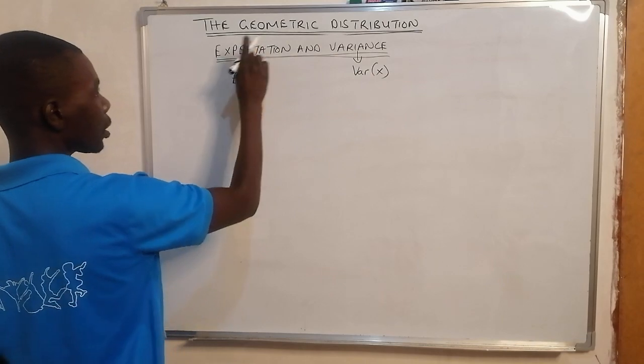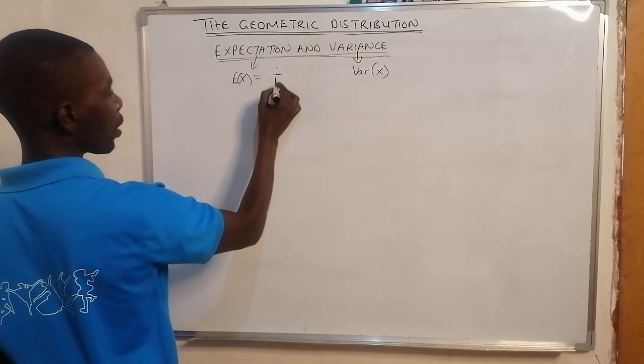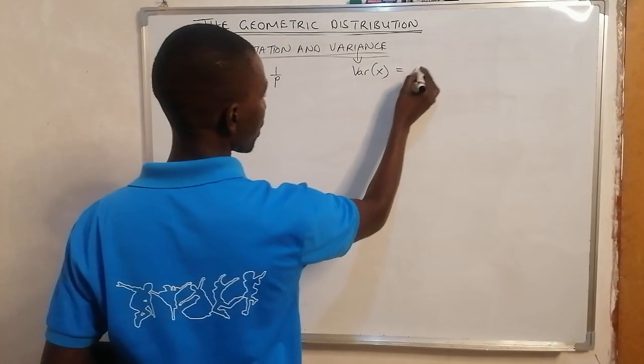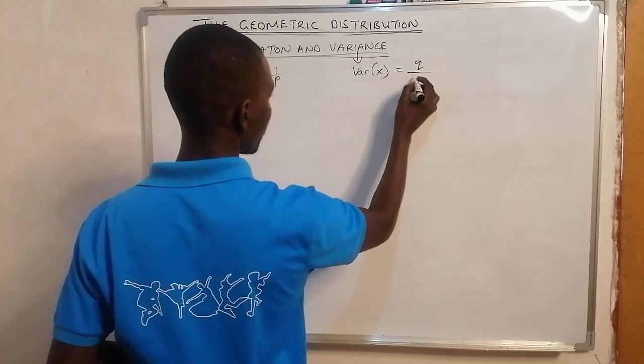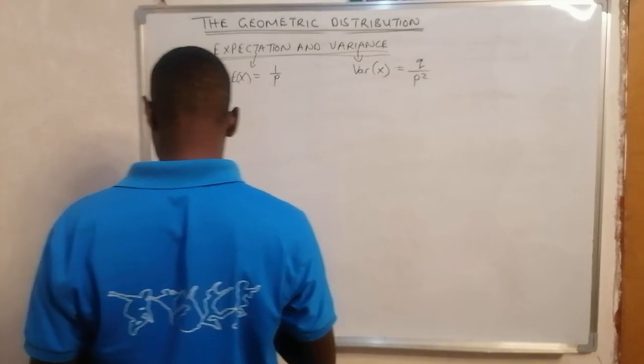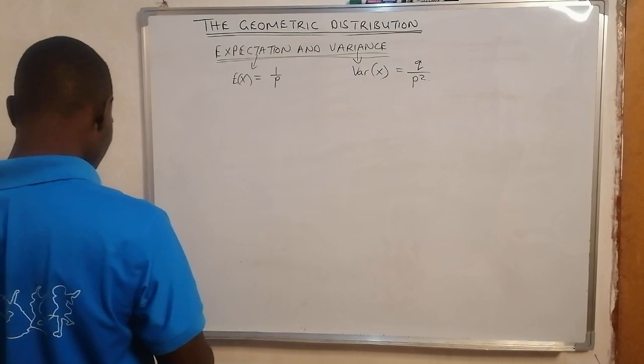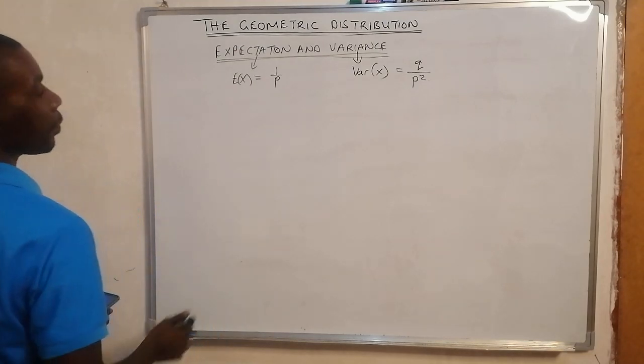Expectation of a geometric distribution is given by 1 over p, and variance is given as q over p squared. These are the formulas for expectation and variance.